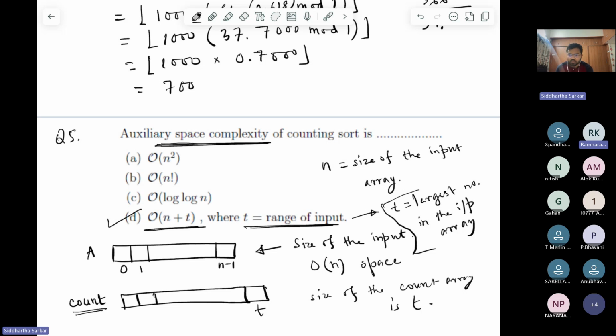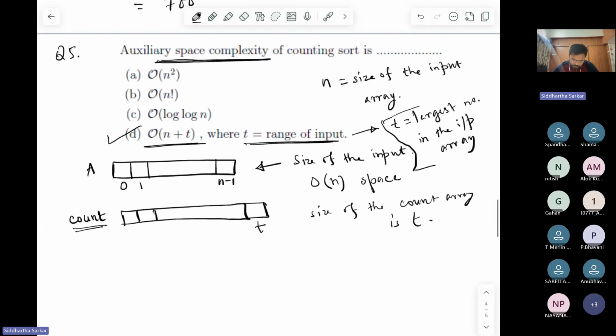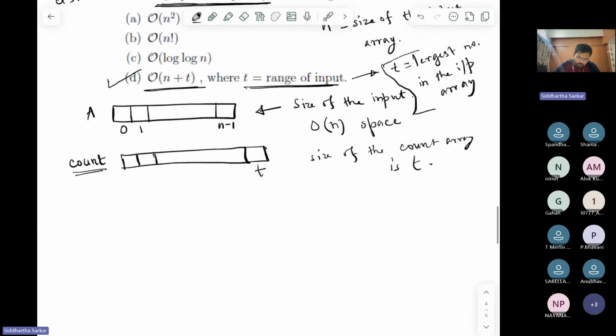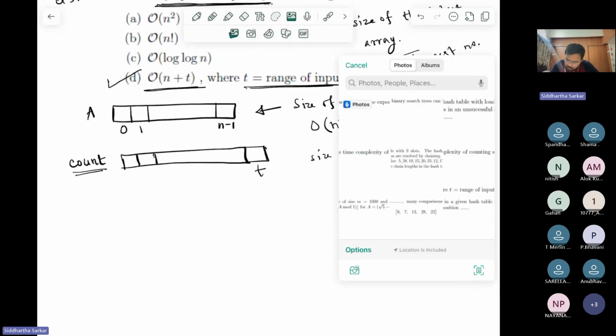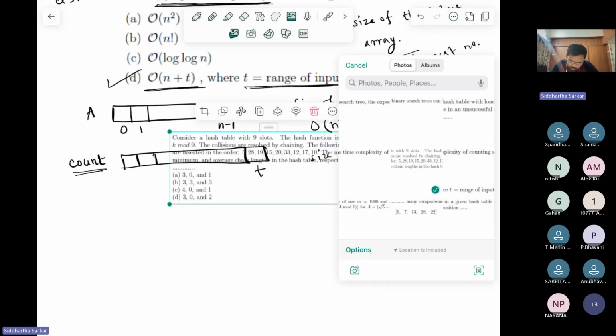Ramnaran, you have something to say? Mr. Ramnaran? Okay, I think by mistake he unmuted himself. So he left the conversation. I think he was embarrassed anyway. So fine. It's nothing to get embarrassed here. Let's move to the next question.